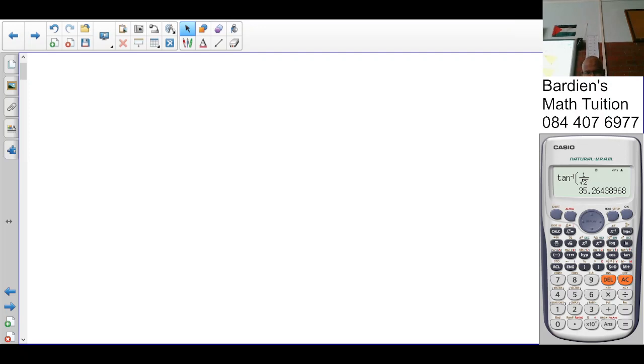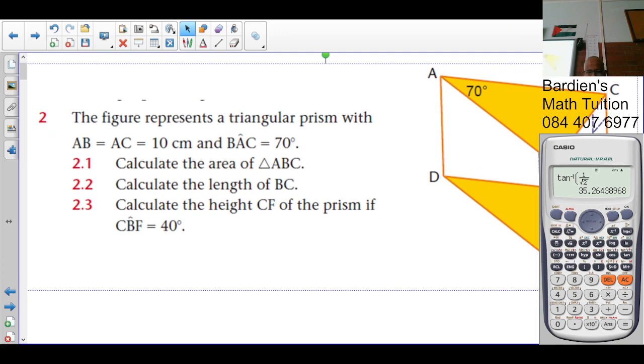Let's look at number 2 out of exercise 3. Which page is this on?